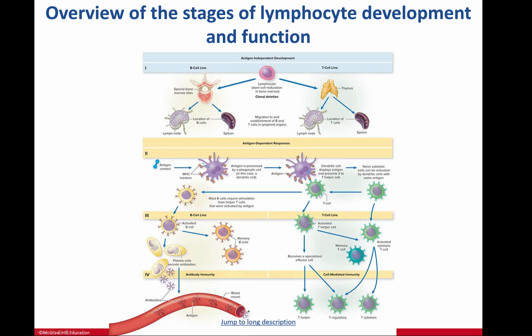So you can see right in the middle here, let me point it out. Here's the T cell, and if you notice the line goes across, most B cells require stimulation from the helper T cells. So to get the ball rolling, all of these cells on this side, the T cells, are the ones that kind of check your ID.